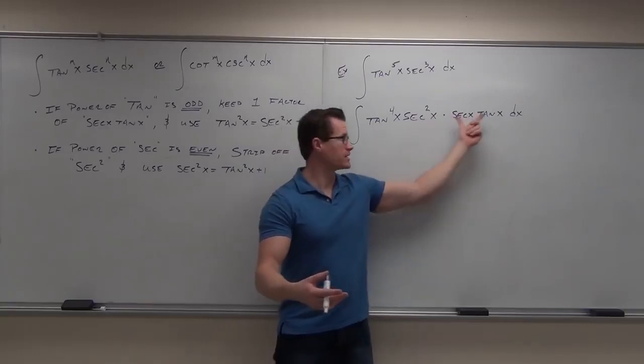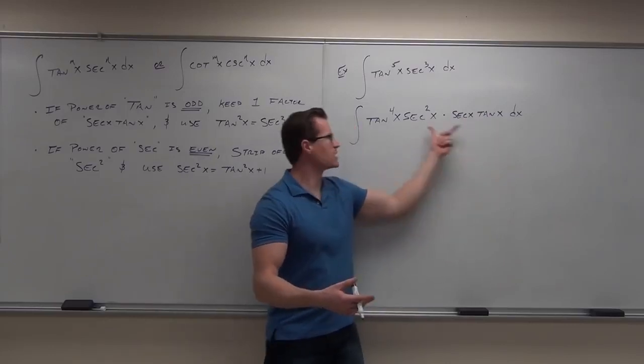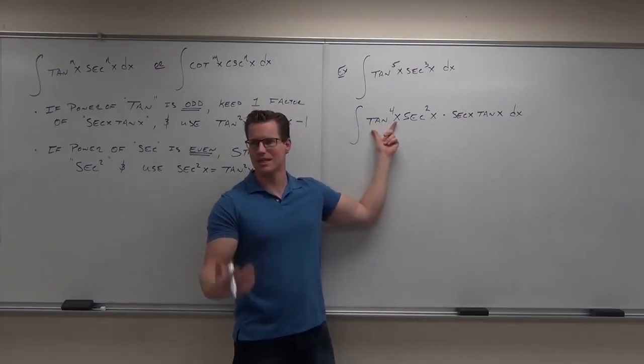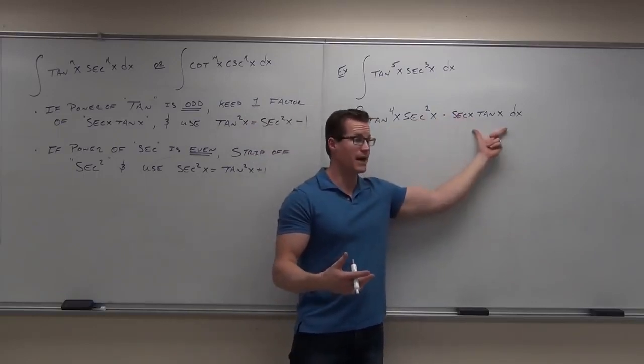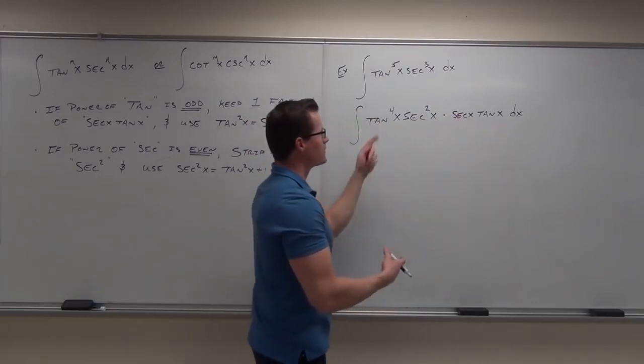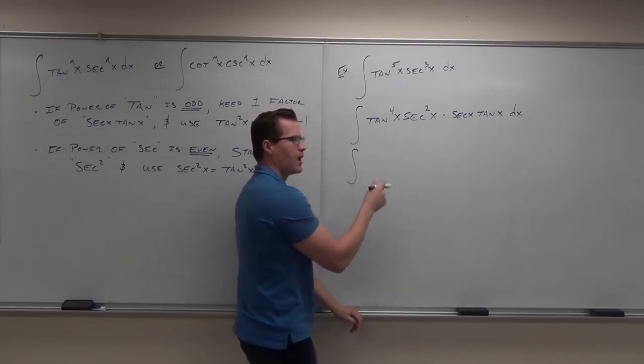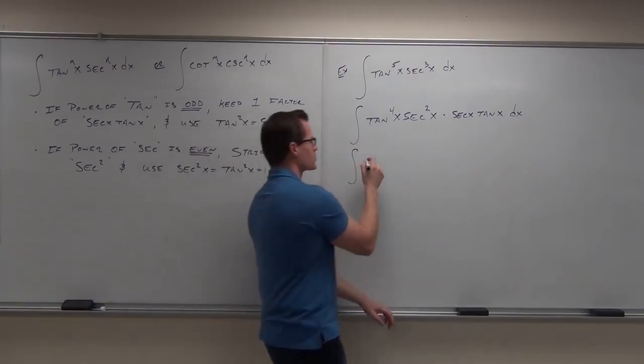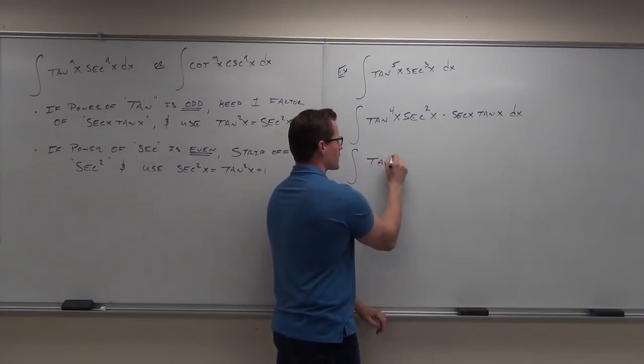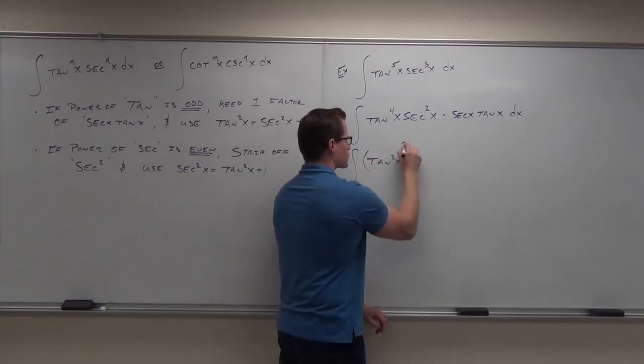Secant squared. Is it this? No. If I change this to a secant, what's the derivative of a secant? This. That's why we're going to go about it this way. Maybe we manipulate the tangent a little bit. I don't want tan to the fourth. I want to make it look like my identity here, so I'm going to do tan squared x, squared.